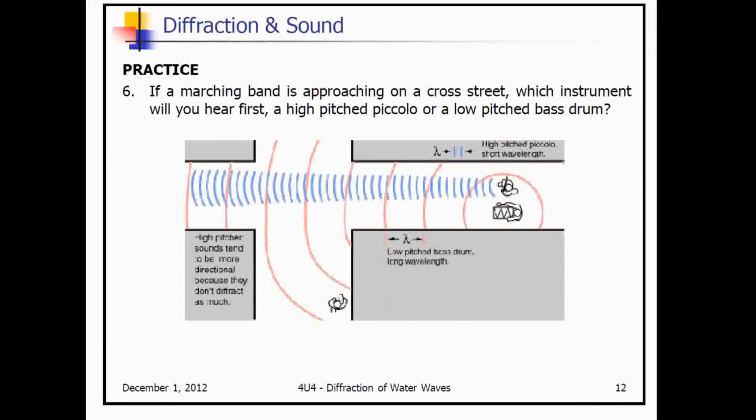Here's an example. If you had a marching band coming to a cross street and there was a building in the way, you would tend to hear the lower frequency instruments first. So the percussion, the drums, you'd hear those first rather than the higher pitched flutes and piccolos. Those would not diffract as well around obstacles.